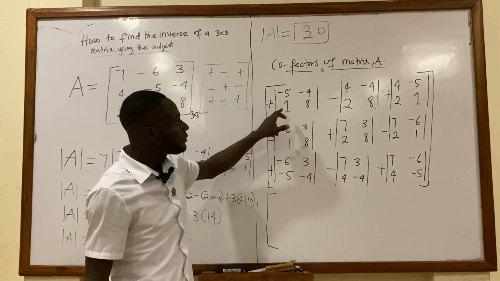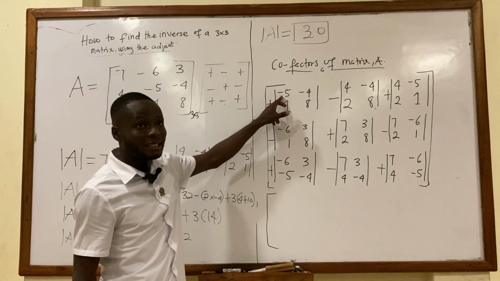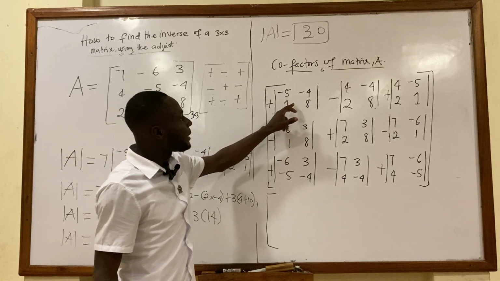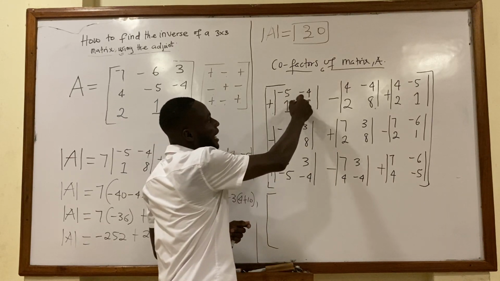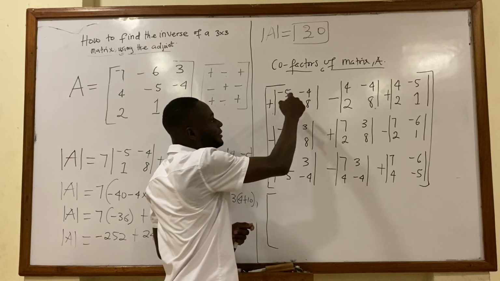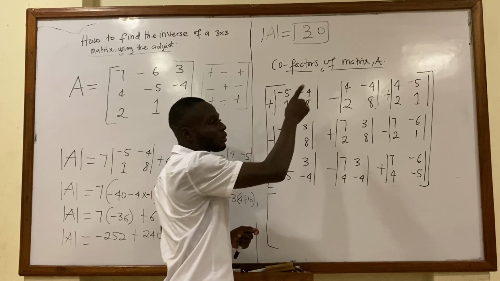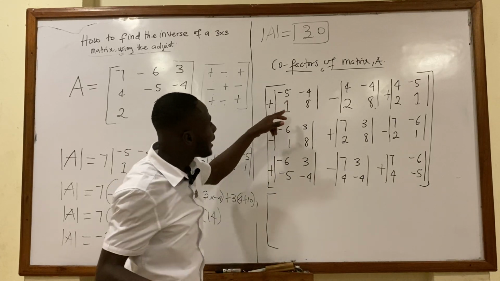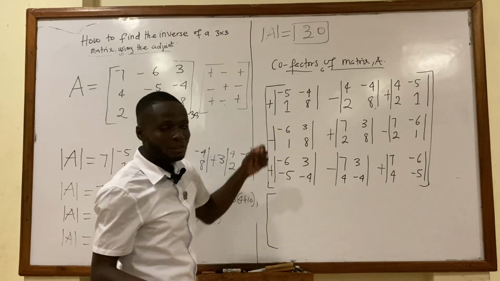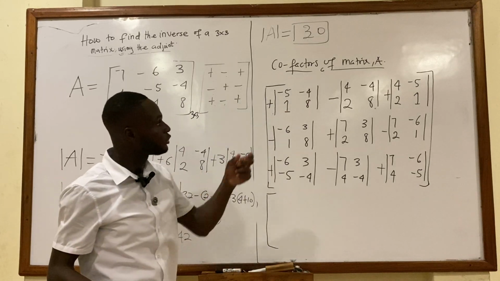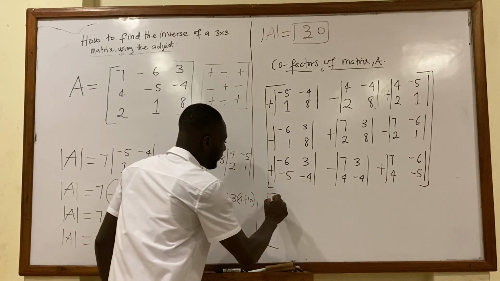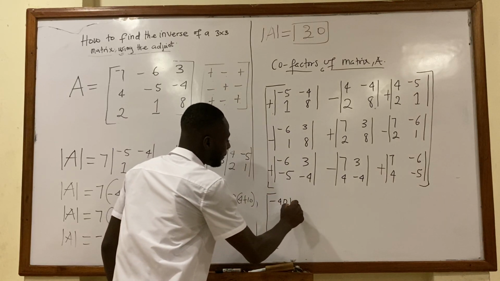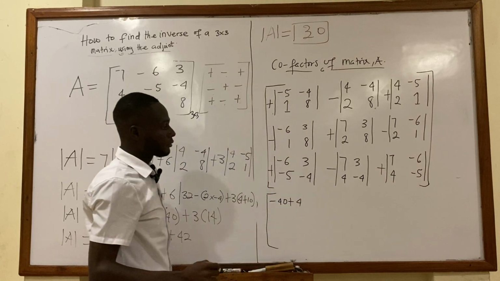Plus 4, because this is going to be 1 times minus 4, which is minus 4. But already this side, when you multiply it, we have negative affecting it, so it's going to be positive, right? So we have minus 40 plus 4, right?